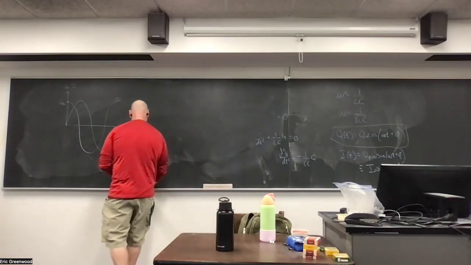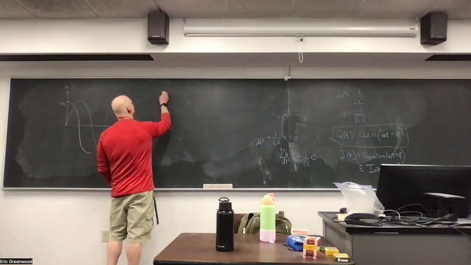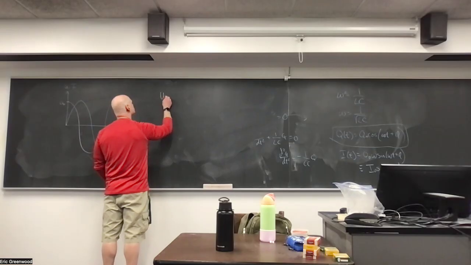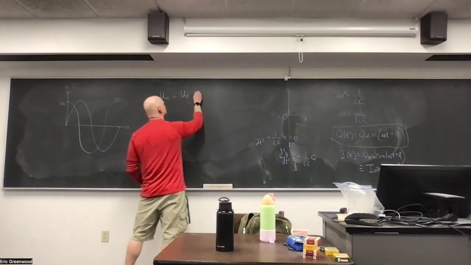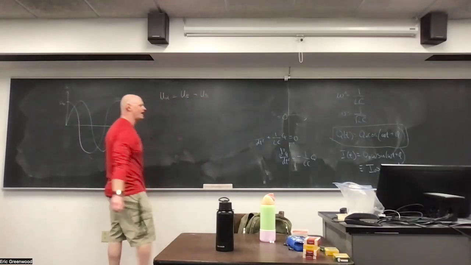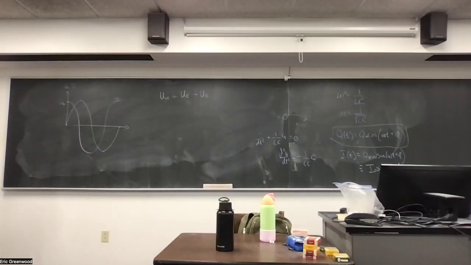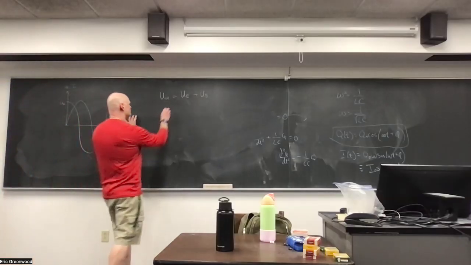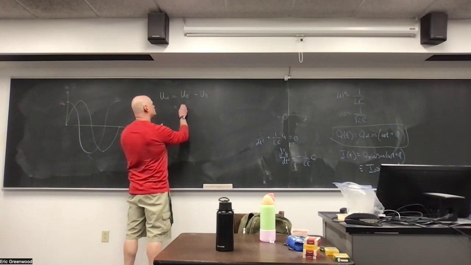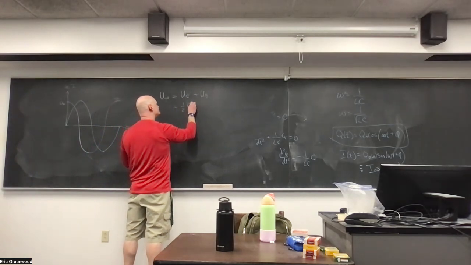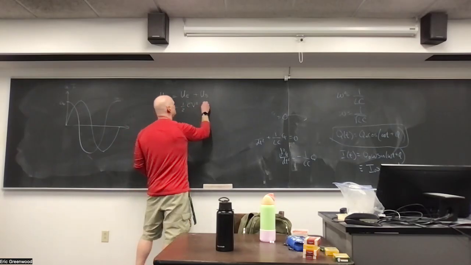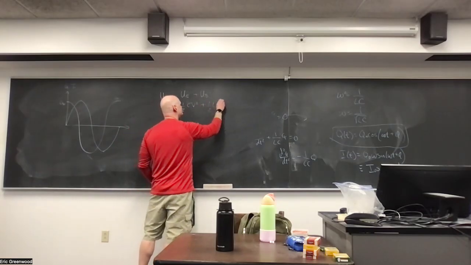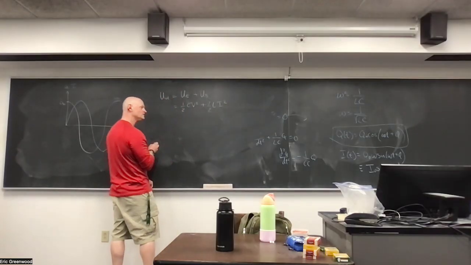So let's talk about the total energy. My total energy then is going to be what? U total is going to be equal to the energy of the electric plus the energy of the magnetic. Okay? Now, because this is a capacitor, we know the energy of the electric is going to be 1/2 the capacitance times the potential squared plus 1/2 the inductance times the current squared.